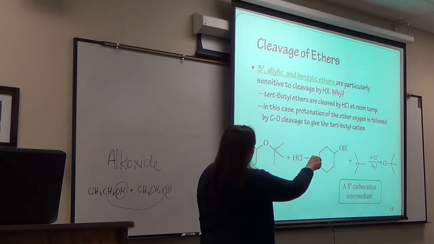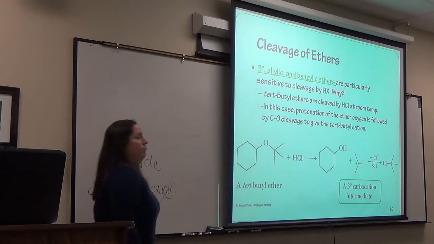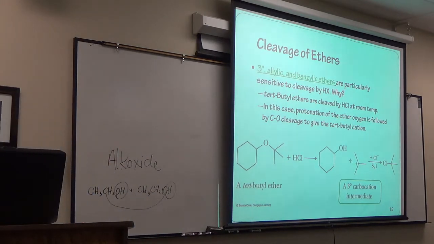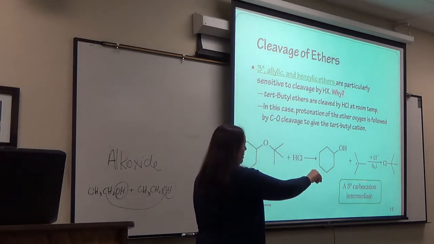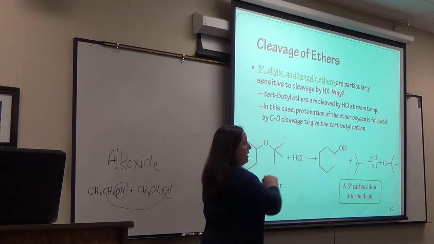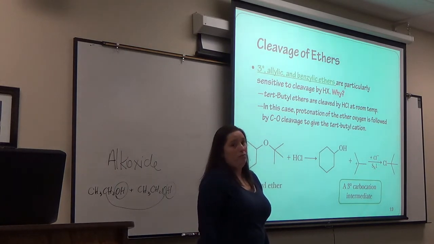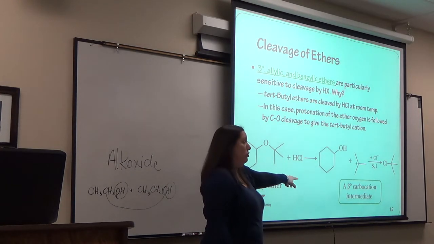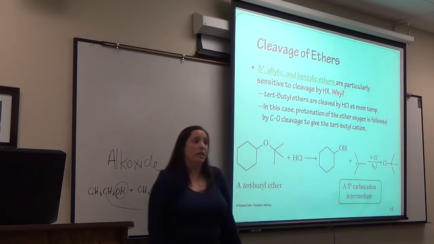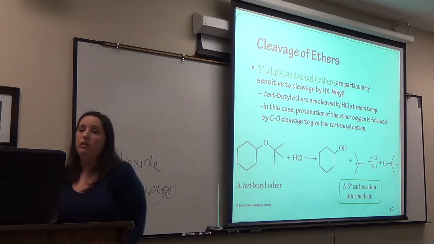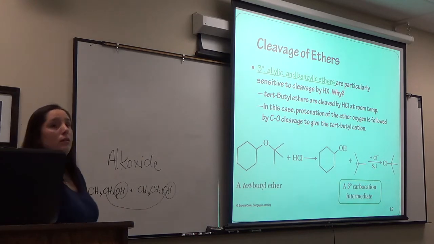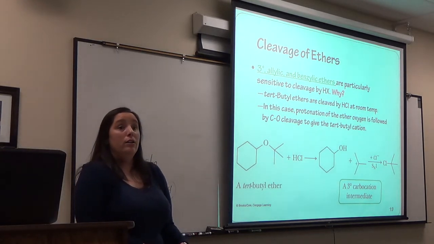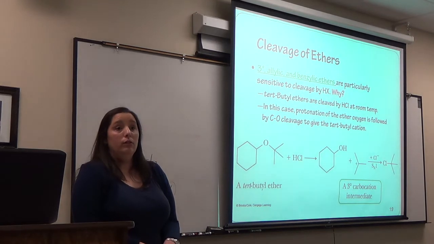Does that make sense? So HCl is a weaker nucleophile, but it doesn't matter what's driving this reaction. Remember, this is SN1, so the carbocation stability is going to be determining. That's the rate limiting step. The nucleophile is not part of the rate limiting step, so it doesn't matter the strength of the nucleophile. Either one is going to work about the same.